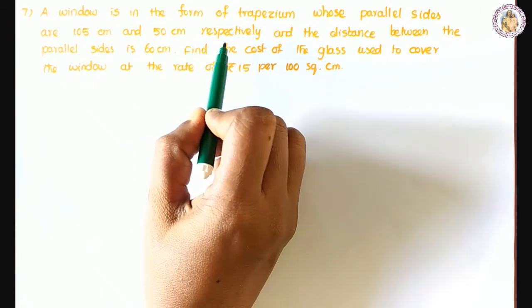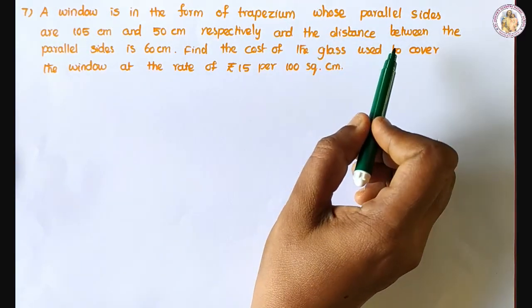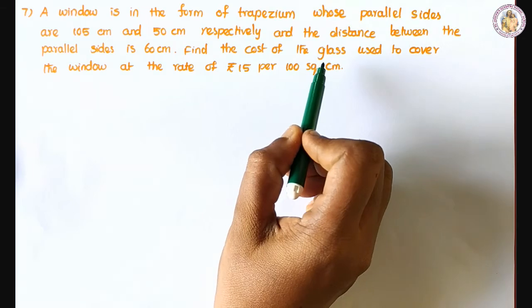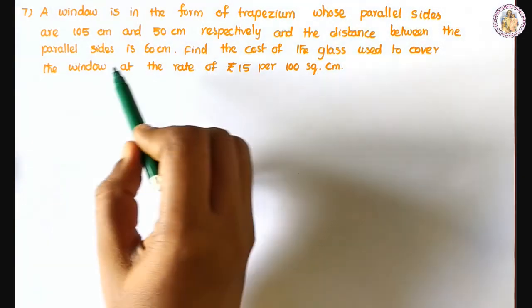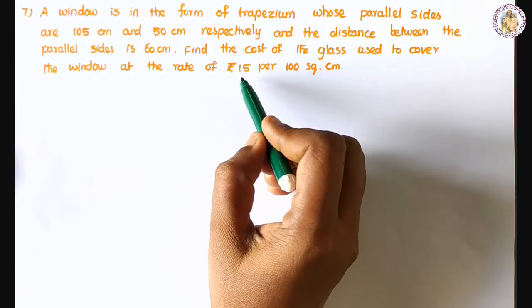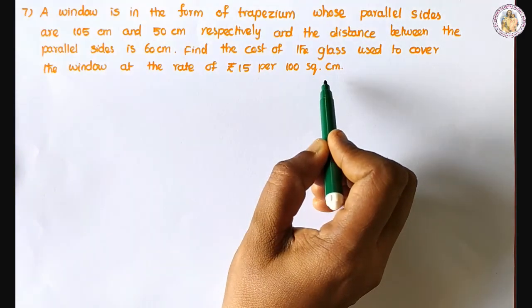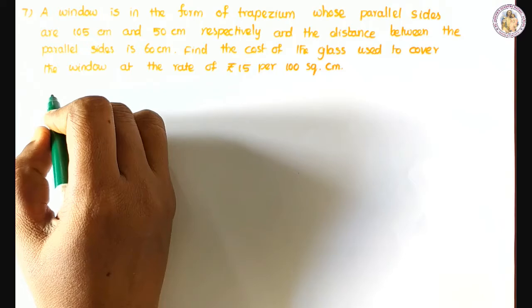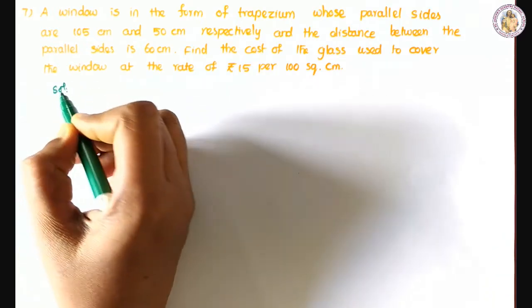The seventh sum, a window is in the form of trapezium whose parallel sides are 105 centimeter and 50 centimeter respectively, and the distance between the parallel sides is 16 centimeter. Find the cost of the glass used to cover the window at the rate of 15 rupees per 100 square centimeter. Listen. First write down what they given.